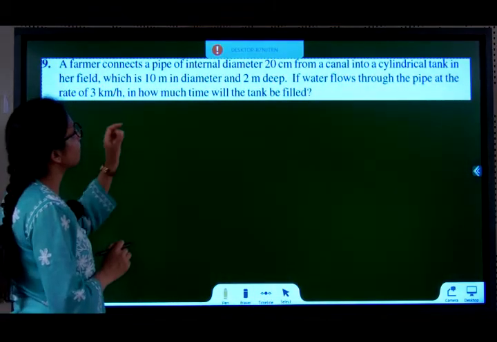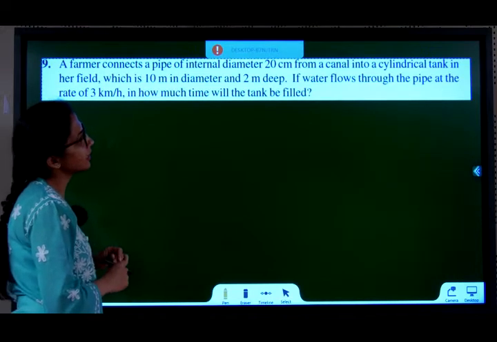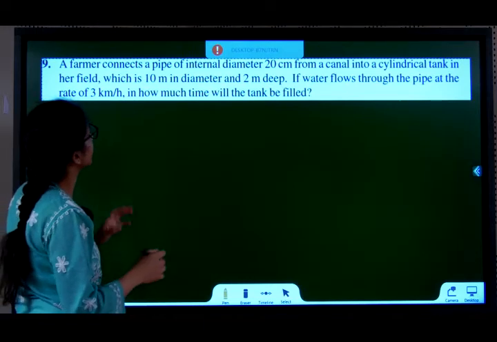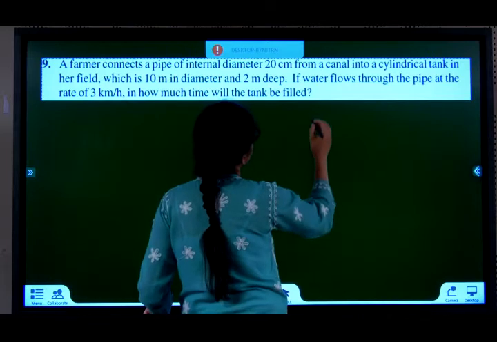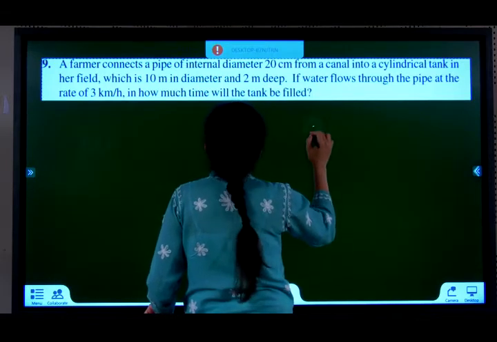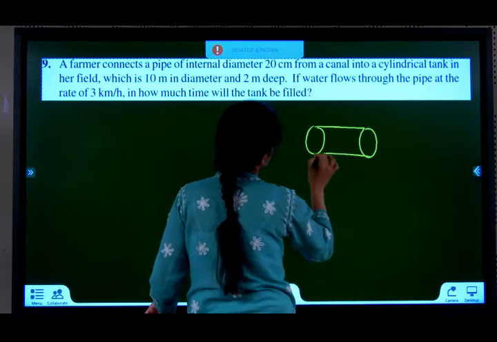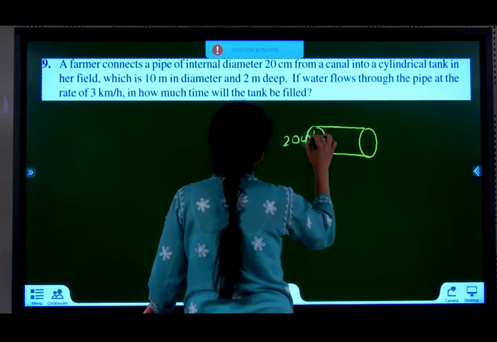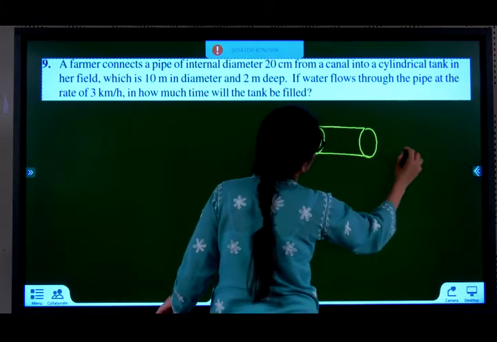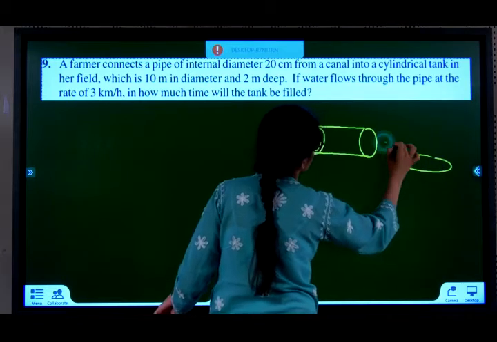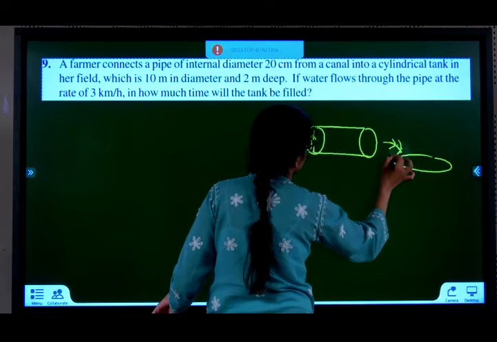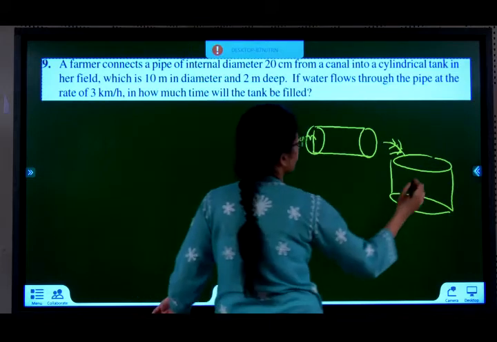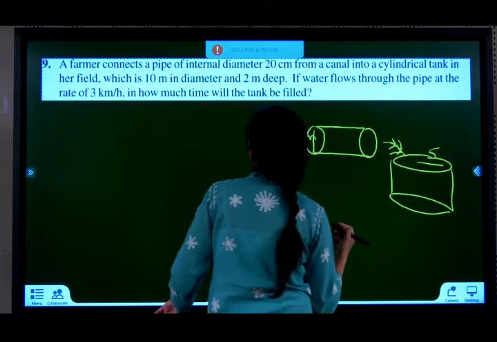Question 9. A farmer connects a pipe of internal diameter 20 centimeters from a canal into a cylindrical tank in her field. So we have a pipe of 20 centimeters diameter connected to a cylindrical tank which is 10 meters in diameter, so 5 meters here, and 2 meters deep.